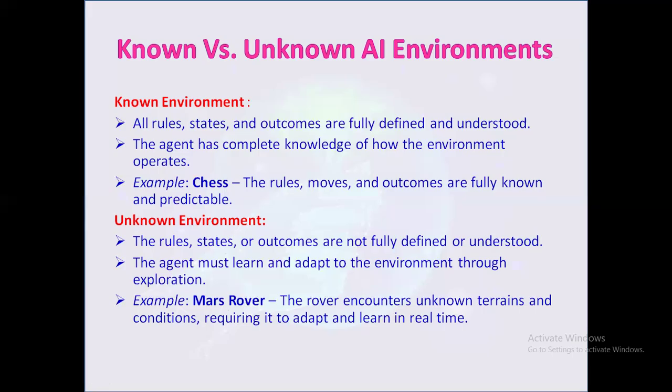The rover encounters unknown terrains and environmental conditions, requiring it to adapt and learn in real time and to navigate and perform tasks effectively. These environments highlight the difference between predictable, structured settings and dynamic, exploratory situations where the agent must continuously learn.